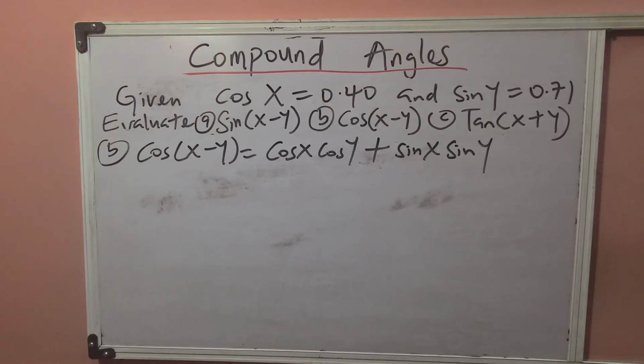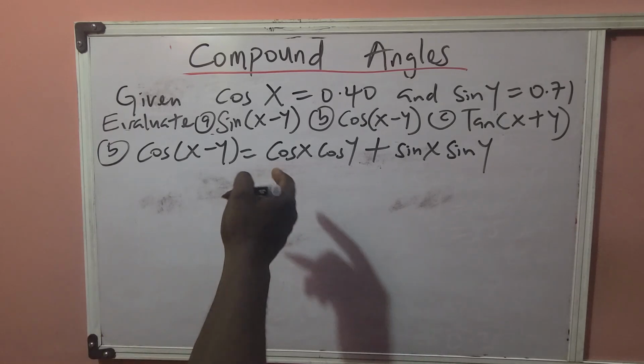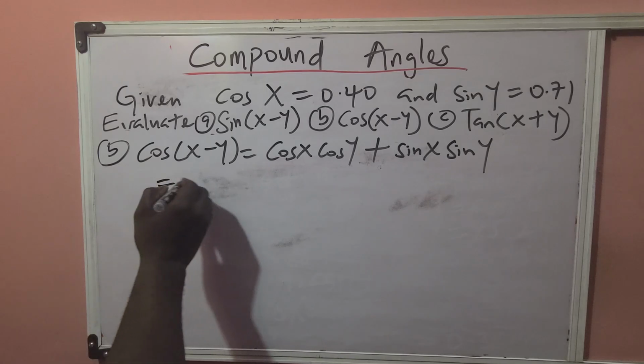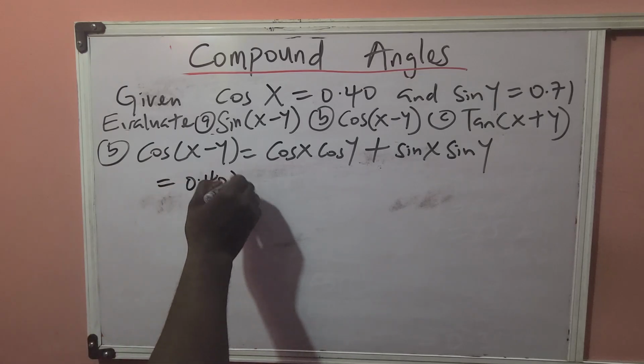So don't forget, we have already gotten the values for my cos x. We have the cos x given, so that's obviously going to be equal to 0.40.